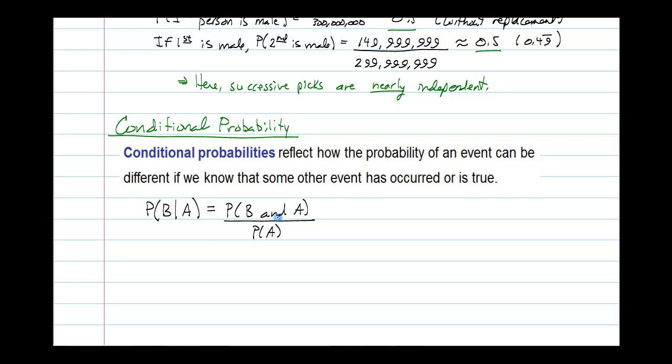So each of these has some different terminologies associated with it. So this is conditional probability. The numerator is joint probability, and the denominator is marginal probability.